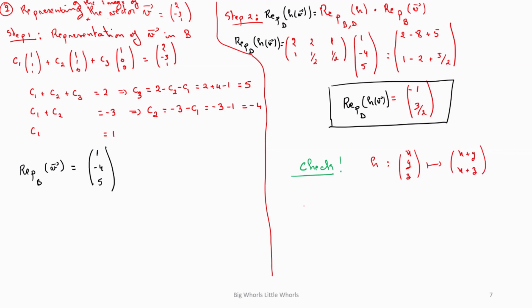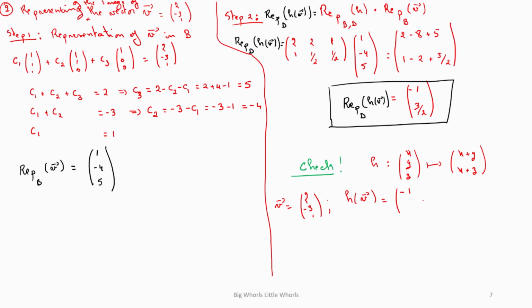Okay, so if we take the vector, h of v is going to be equal to, and our v, so v here equals 2, minus 3, 1. Okay, and so h of v, it will take what, the first component added to the second component, so we have minus 1.